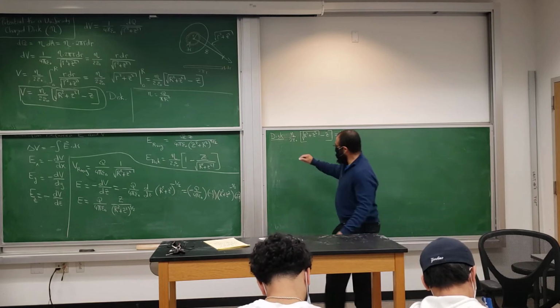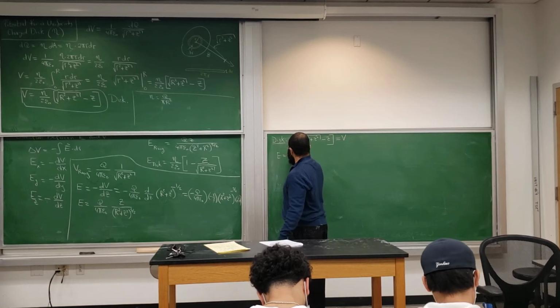So let's take the derivative. So you got the electric field. It will be minus dV/dz.